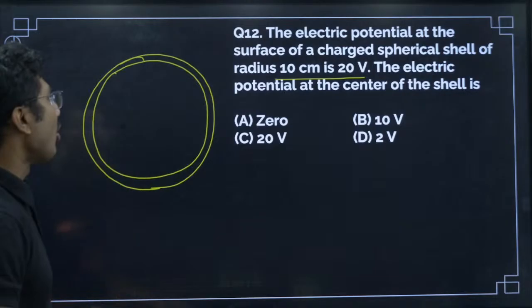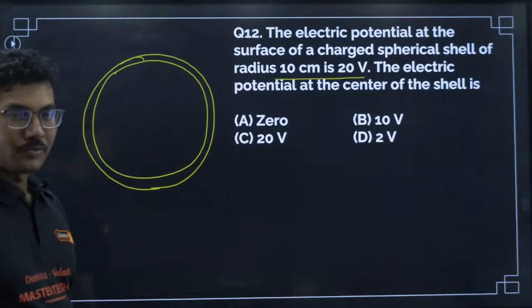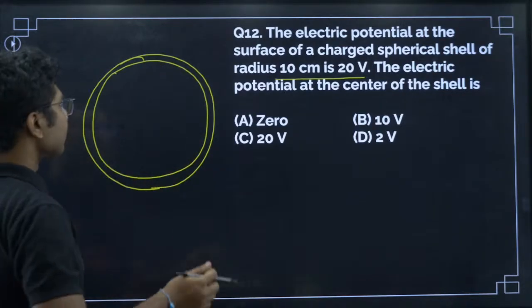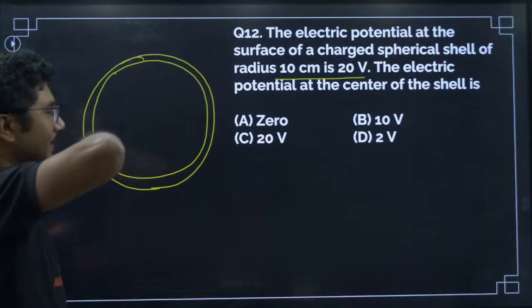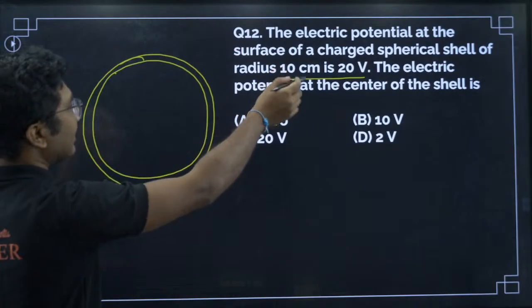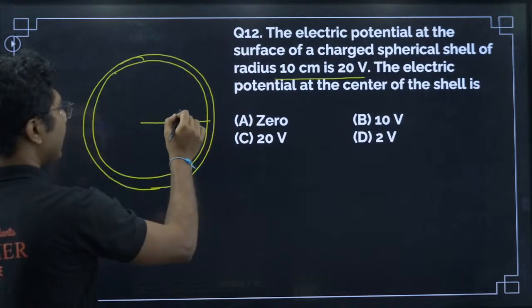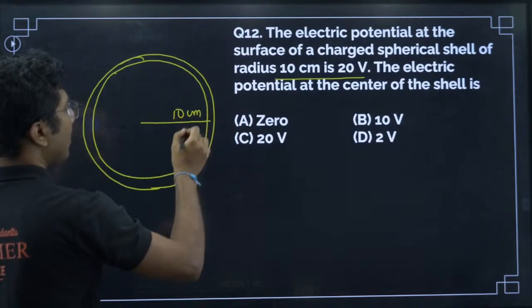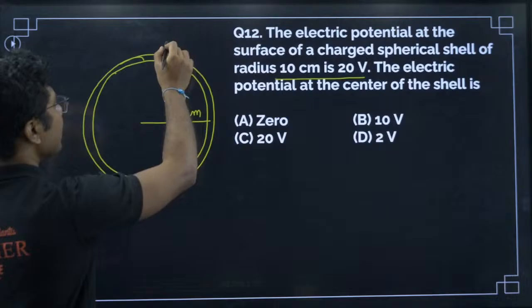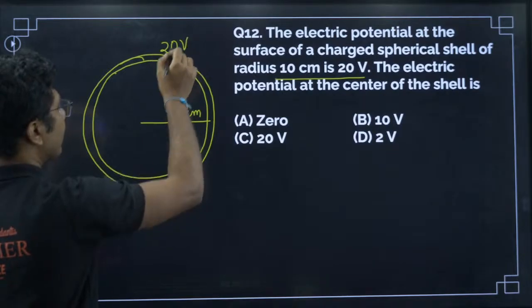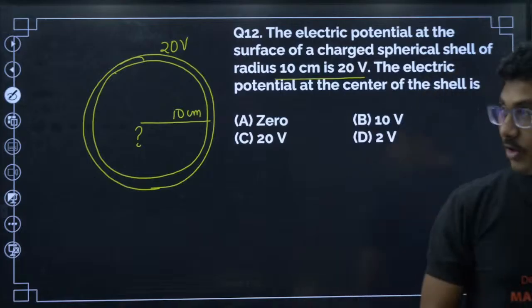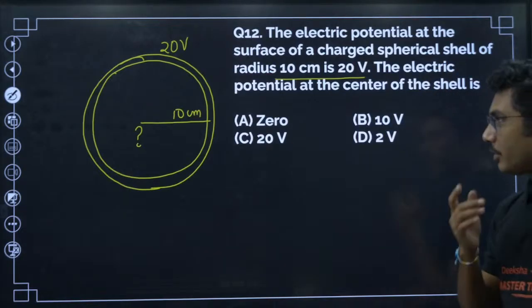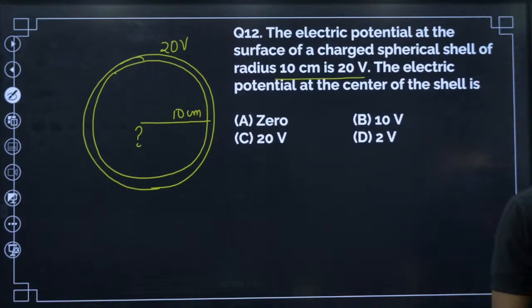Inside is empty, only the outer cover is there. Like a football, inside only air is present, outside there is a cover. So the radius is given as 10 centimeter, and the potential on the surface is 20 volts. So what is the potential at the center? Options are 0, 10 volt, 20 volt, 2 volt.